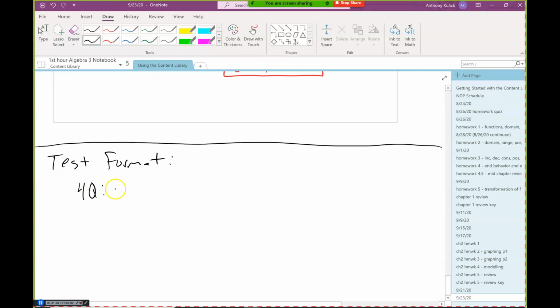So we have 4 questions where we're going to ask you to solve an absolute value equation. I have 2 questions where I ask you to solve an absolute value inequality.